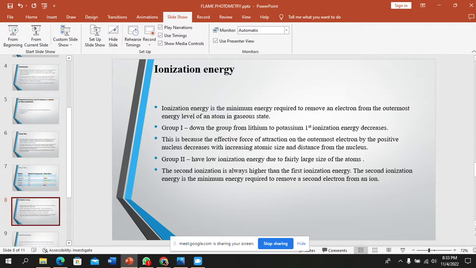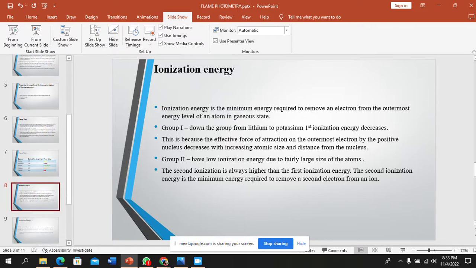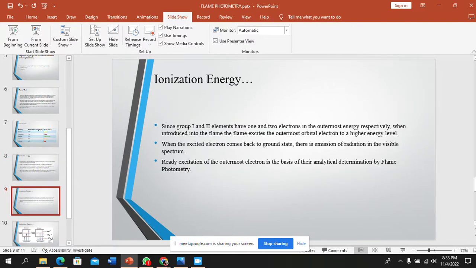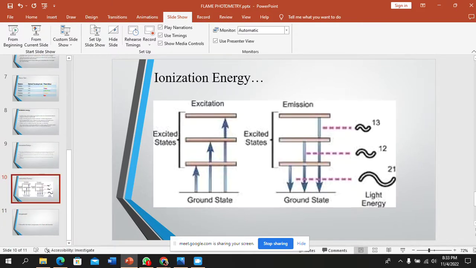And when this happens, we have absorption and emission. When an electron jumps from a low energy state to a higher energy state, at some point it will fall back, and during the falling back, that is where it emits some radiation.